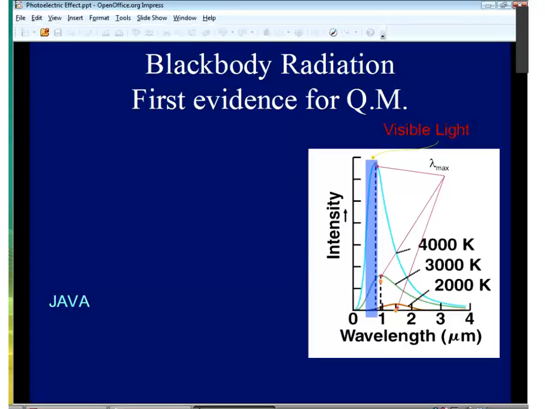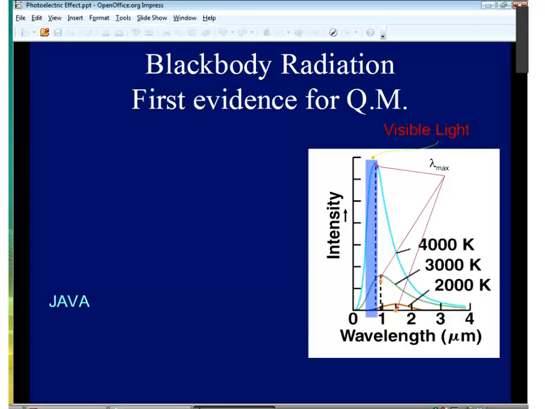frequency is becoming more. So high temperature body, hotter body will radiate maximum for certain frequency which is on the higher side in comparison to a body at lower temperature.